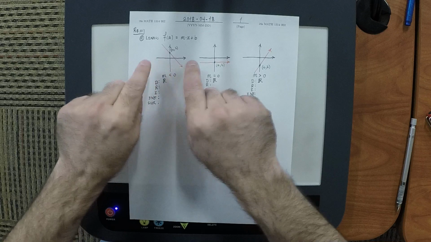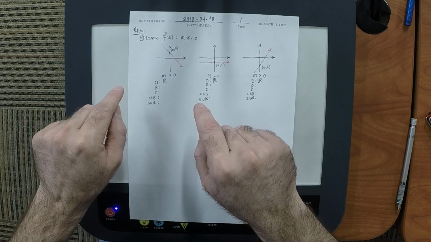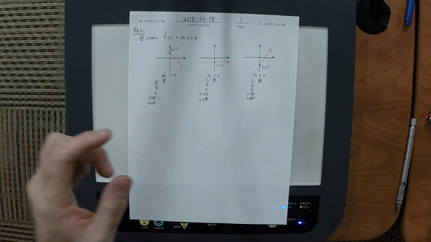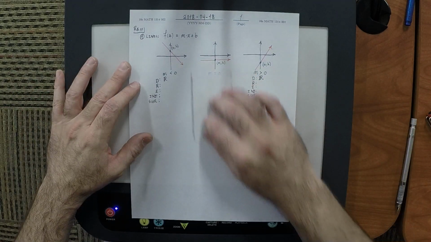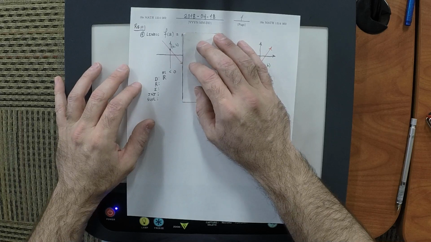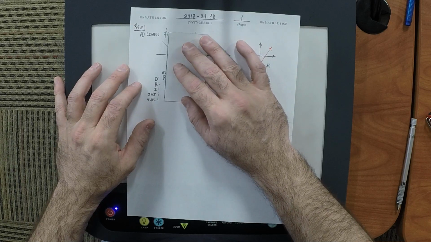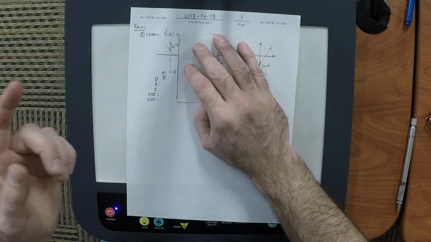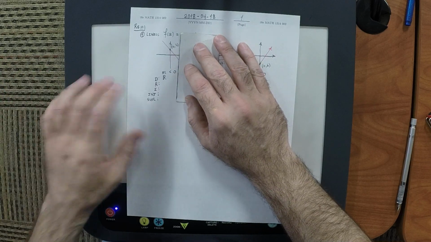Which parts of the horizontal axis will get colored red? All of them will, for all cases. If you don't like the mashy paint thing, then you can do it with X lines. You ask, well, concerning these vertical lines, which vertical lines have intersection? All of them do. As a result, all points are in the domain.